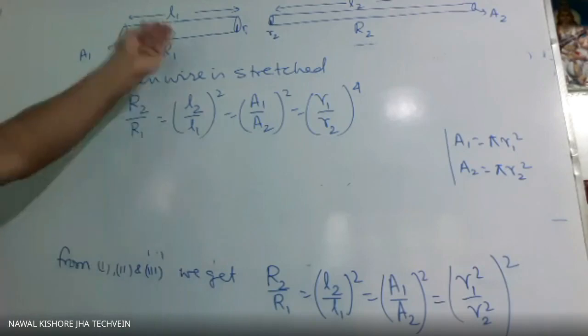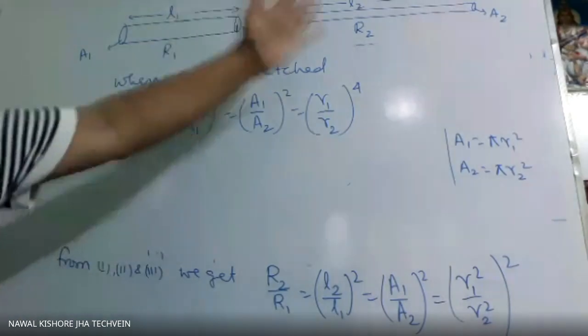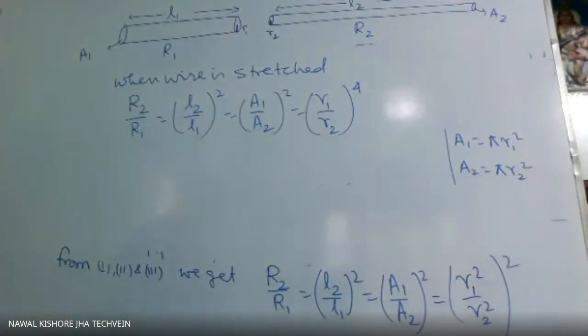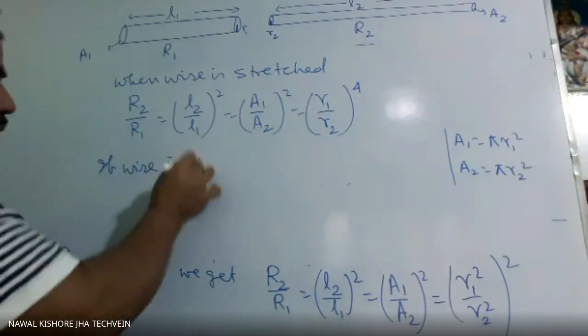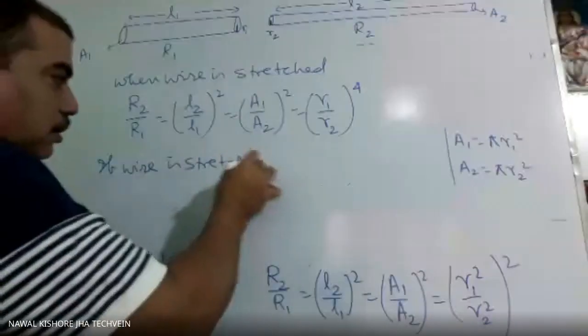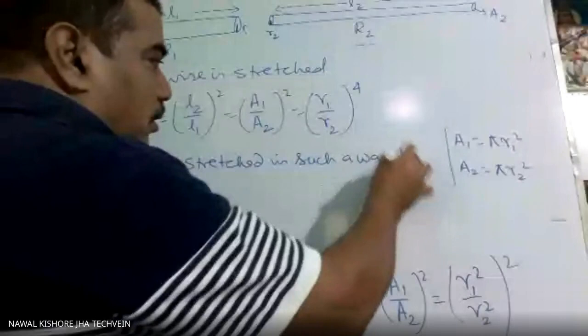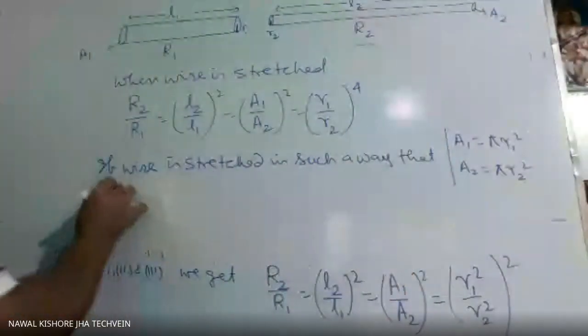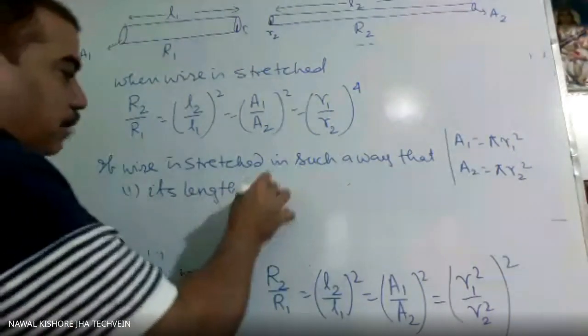Sometimes the wire is stretched to double its length, or it is stretched in such a way that length becomes double. That means in that case L2 is twice L1. What will be the effect on resistance? If wire is stretched in such a way that first, its length becomes 3 times.